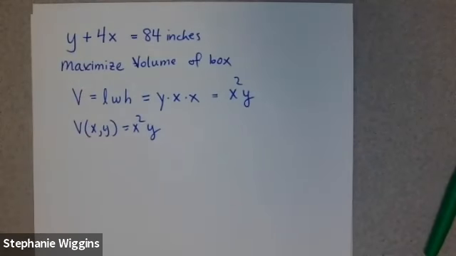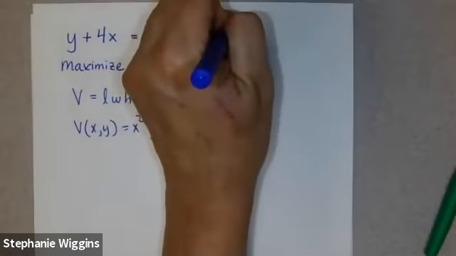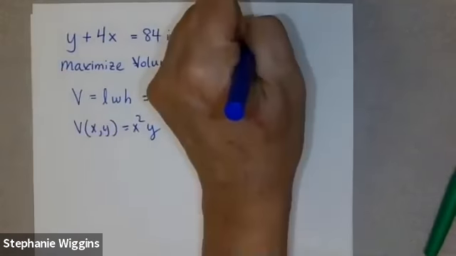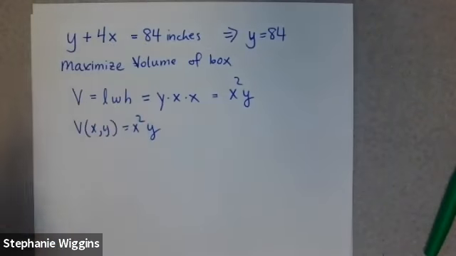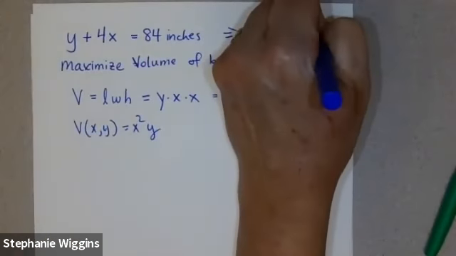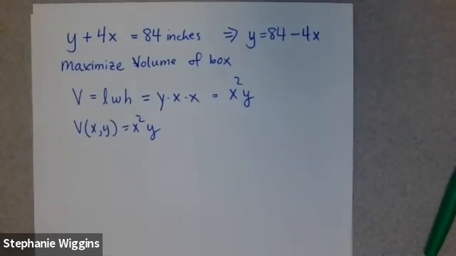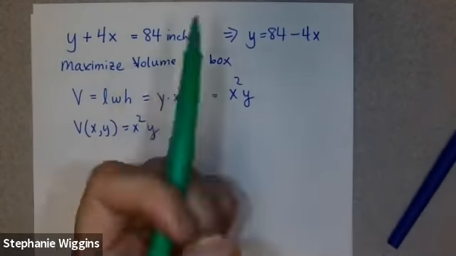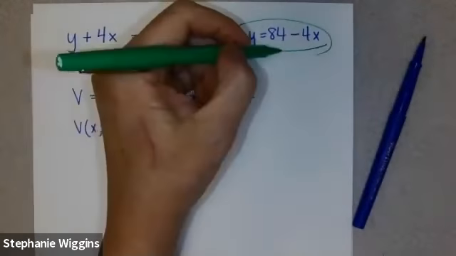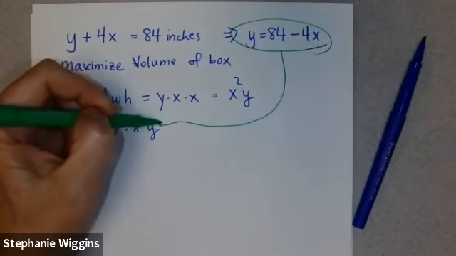But we don't want a function in 2 variables. So I'm going to take my constraint and solve for Y. And that means that Y is 84. I'm going to subtract 4X from both sides. And then I'm going to substitute this new Y here, replacing the Y in my volume.